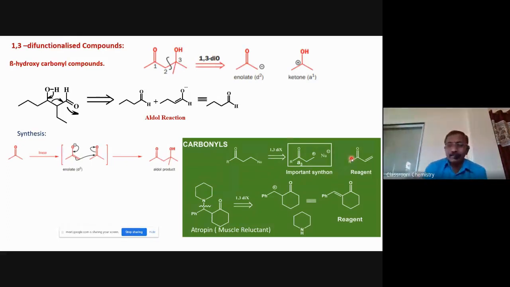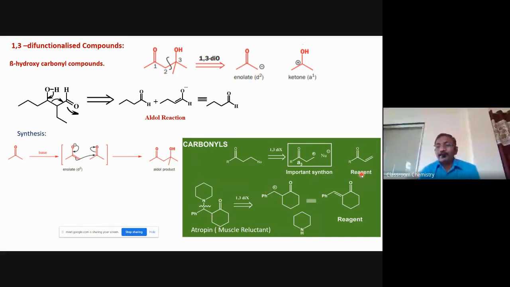We can take one simple example over here, atropine. This is a muscle relaxant. When we disconnect this, we get a nitrogen, a heteroatom. This is carbon number 1, carbon number 2 and carbon number 3, so it is a 1,3 difunctionalized compound, and we can disconnect this bond. We get the corresponding piperidine, and here we get a positive charge, so it always prefers the double bond.